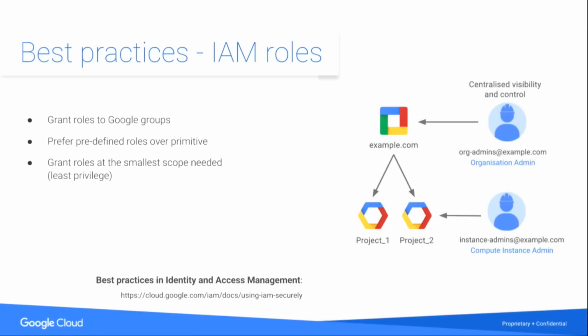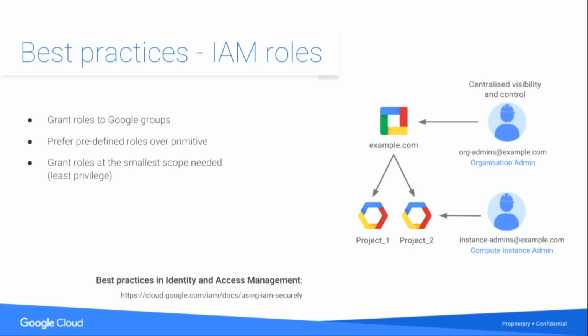Just a little bit about best practices on identity and access management. The first thing to always think about is granting permissions and roles to Google Groups rather than specific users. You can see here an example on the right of org admins as well as instance admins.